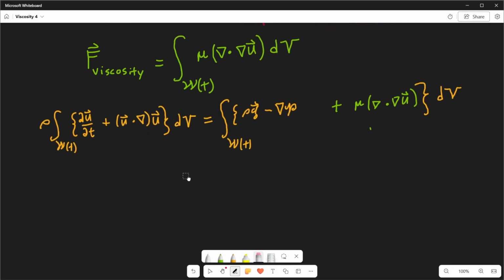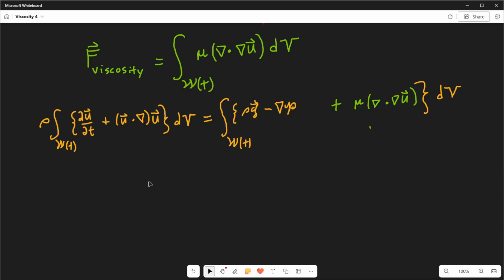Okay, so there's one last thing to be done, and that is to note that the volume here is basically an arbitrary volume, so it can be made as big or as small and placed wherever in the fluid, and this equation will still hold. So it follows from that it's actually possible to effectively remove the integrals entirely and just write out the entire equation, saying that the integrands are equal to each other.